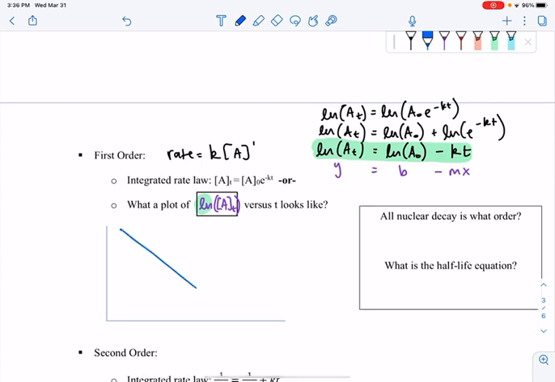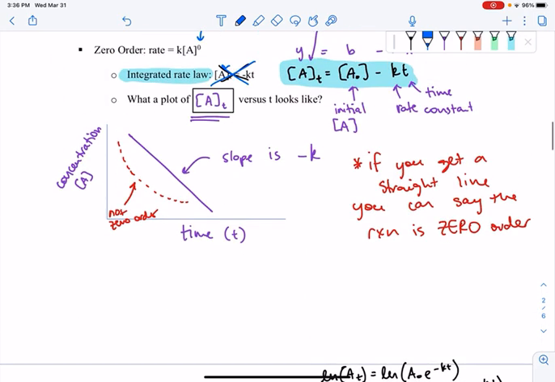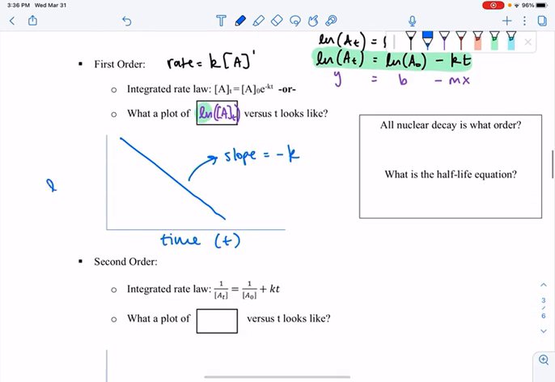It should again give us a straight line with a slope equal to negative k. So here we've still got time as our x-axis, but now instead of just concentration of A, I have the natural log of the concentration of A.